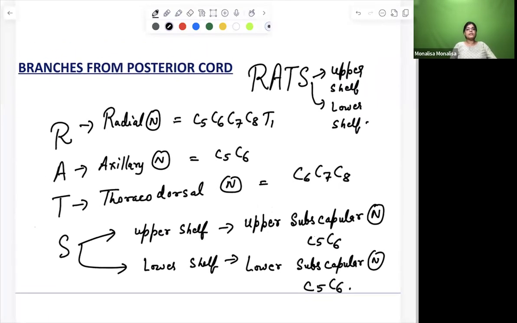Okay, these are the branches from the posterior cord of the brachial plexus. RATS. Now coming to the branches of the medial cord.